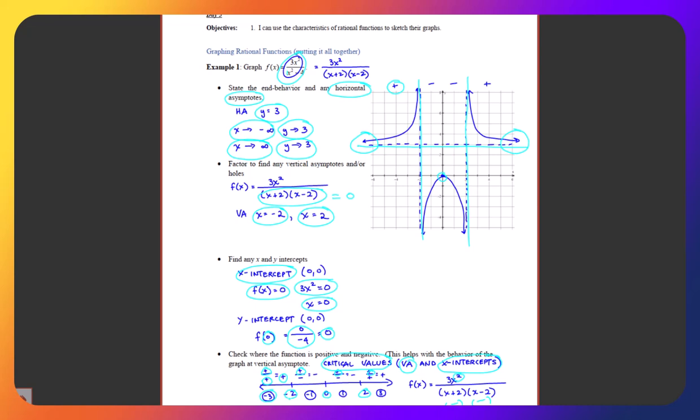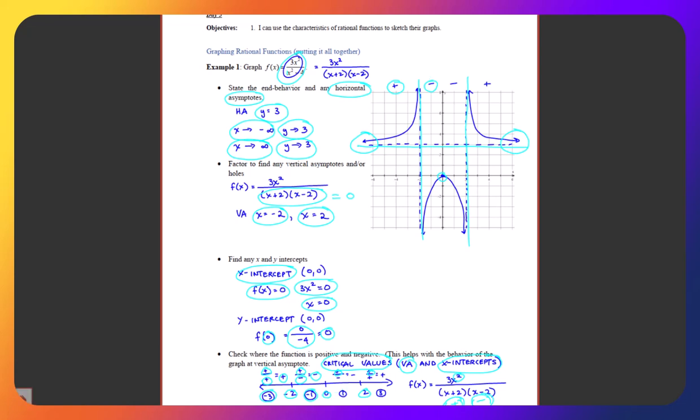Between -2 and 0, I chose -1 as my test point. I plug -1 into the first factor of the denominator. Plus 2, that's positive. -2 stays negative. A positive times a negative is a negative. And a positive over a negative is a negative. So then between -2 and 0, we have a negative region.